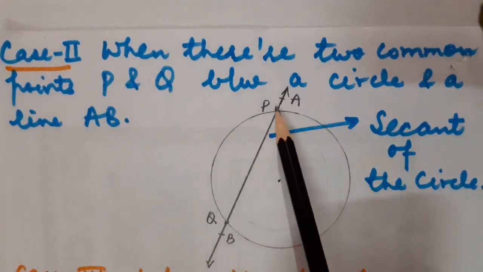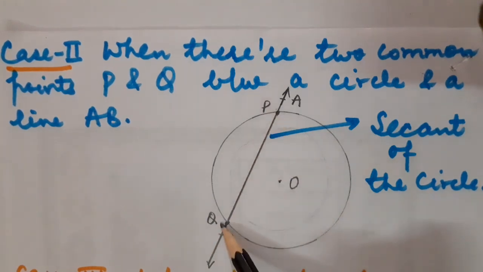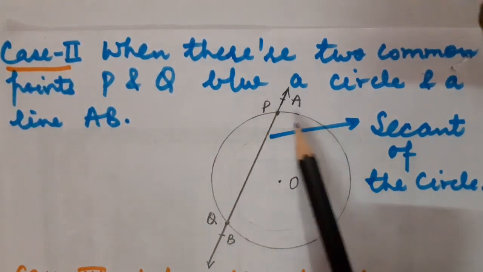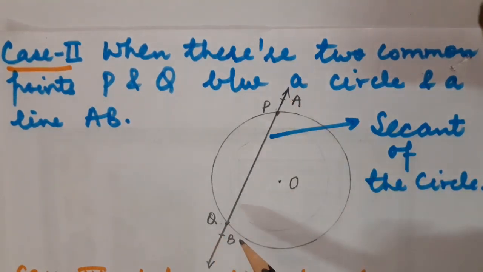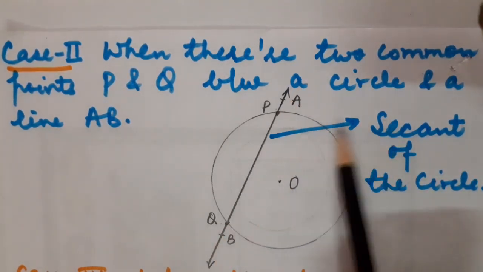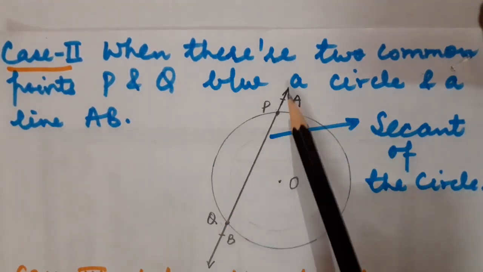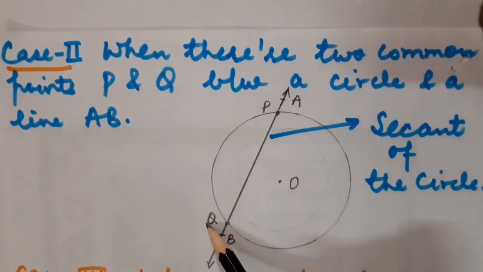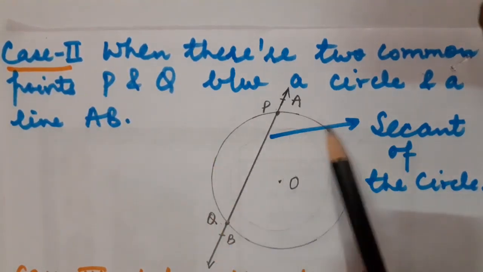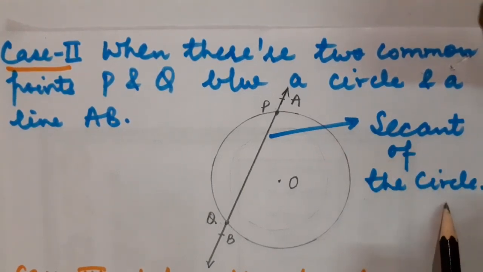When there are two common points P and Q between a circle and a line AB. Then in this case, children, AB intersect the circle in 2 points. Here you can see that the complete line AB is going to intersect at 2 points, that is P and Q. So in this case, this line AB will be known as secant of the circle.